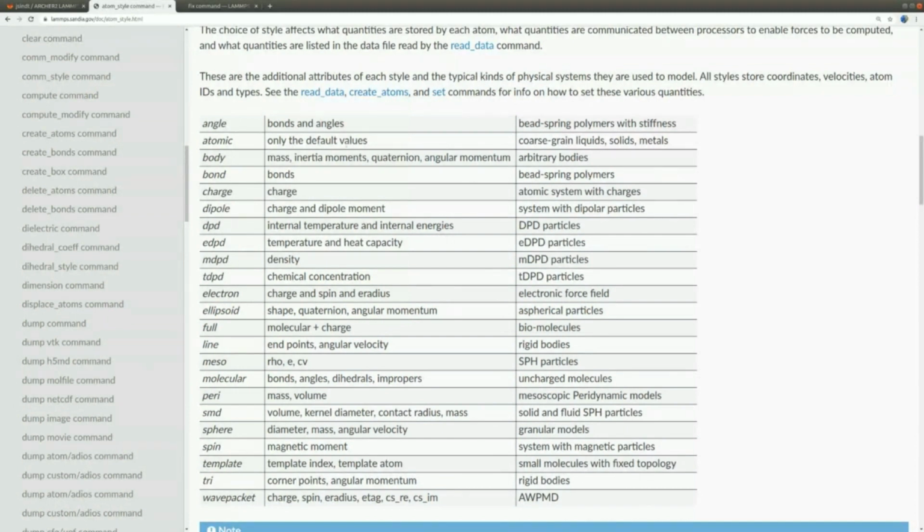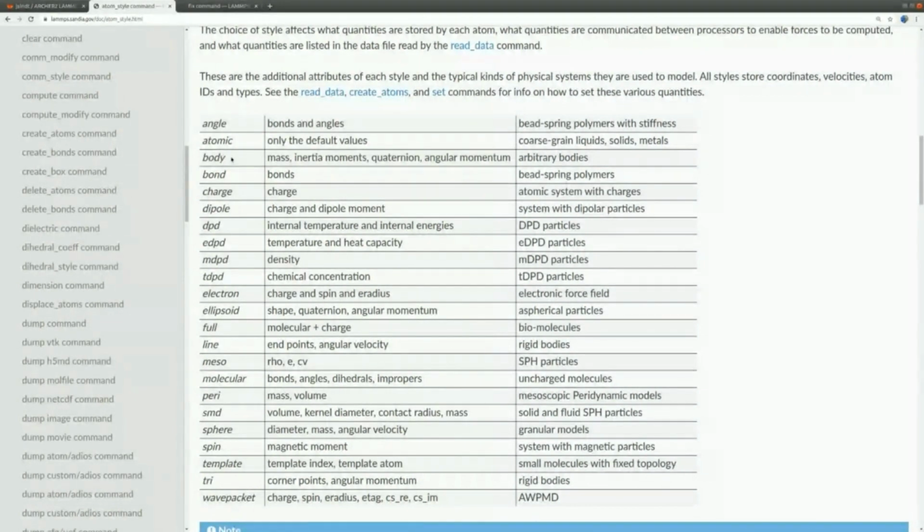If you want something that's slightly more interesting, let's say you've got something with charges. This doesn't do charges. I think you'd need to use full, which considers the molecular part as well as any charge. If you're doing something which has inertia or moments of inertia, things like that, you'd need the body style.